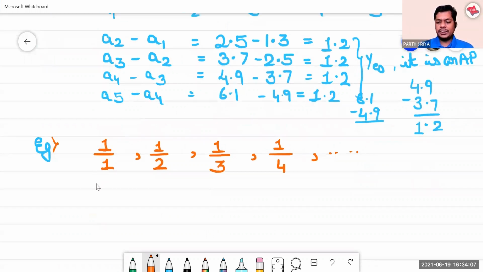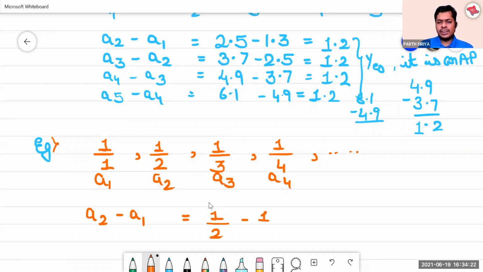Okay, so we are given the numbers. We assume these to be A1, A2, A3, A4. What's the difference between A2 and A1? How do we subtract fractions? Fractions को subtract करने के लिए कुछ नया करना पड़ता है. Can we subtract fractions directly? We need the same denominator.